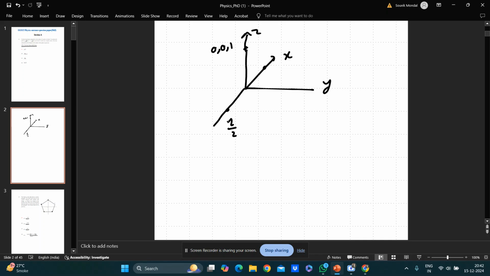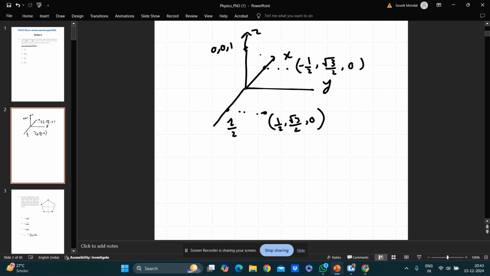Let's say it is half, and you are moving along the y-axis and move another distance root 3 by 2. So this point is half, root 3 by 2, and it is on the xy plane, so the z coordinate is 0. Similarly, if you move minus half in the negative x-axis and root 3 by 2 in the y-axis, this point will be minus half, root 3 by 2, 0.